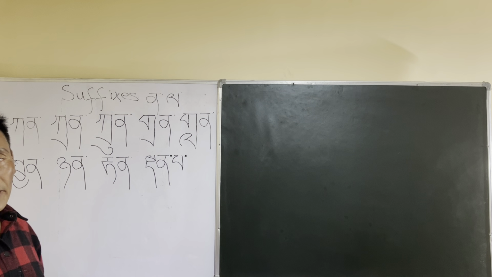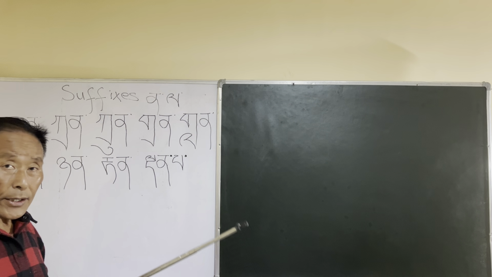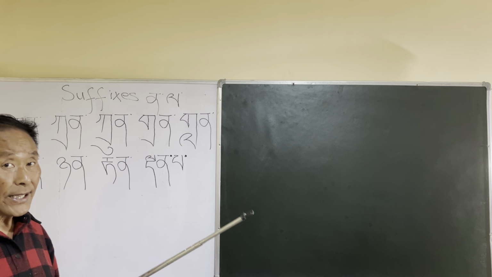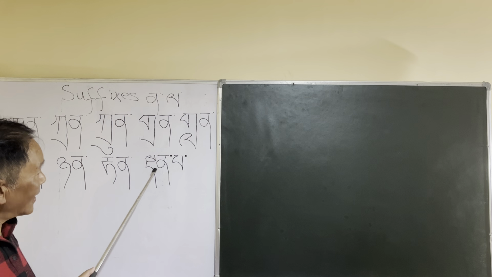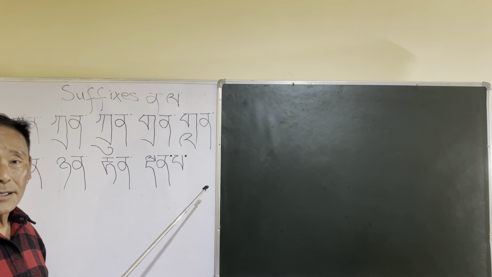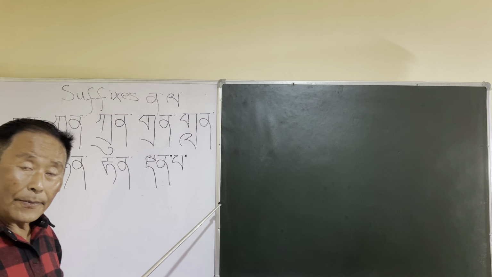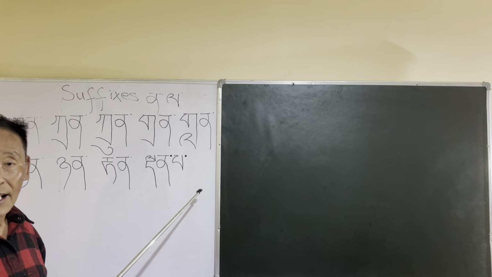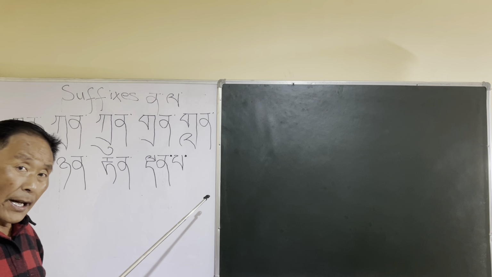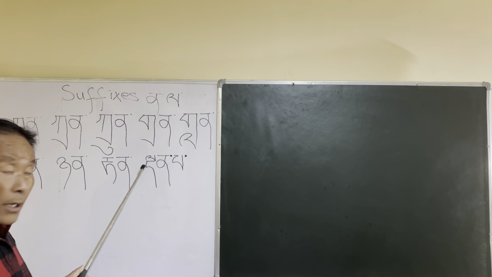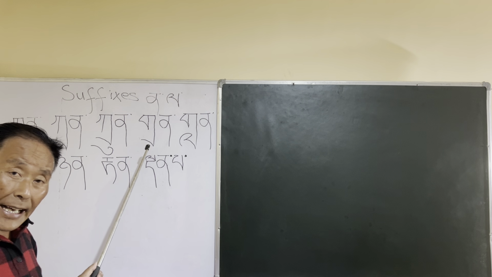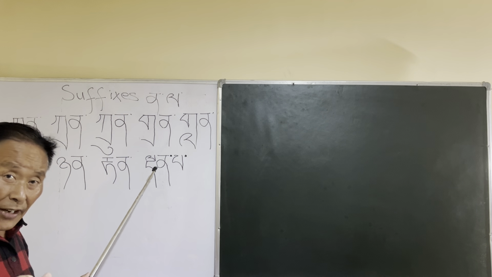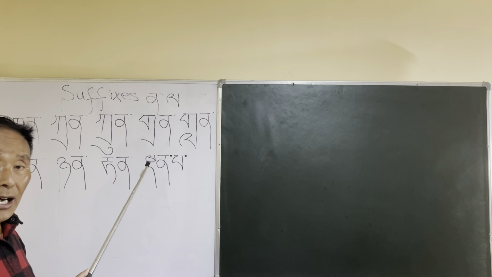Den pa. If you are going to study Buddhism after learning how to read, then you will see this denpa many times in religious texts. So la ta ta da na den pa, denpa. It is added normally after an abstract noun.